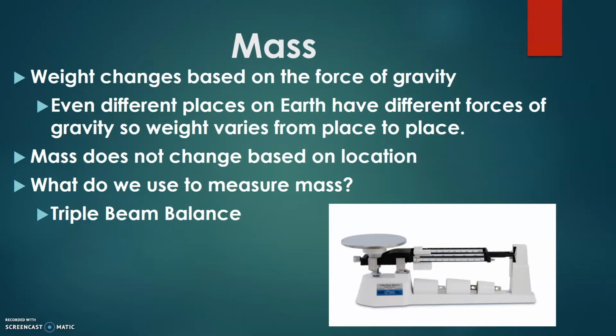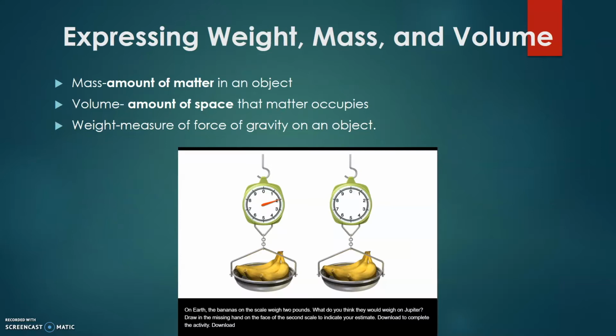You've seen people on the moon floating or kind of moonwalking, bouncing, because the gravity is different. So weight changes based on that. But mass does not change based on gravity. Whatever mass the object has on Earth, it'll have that same mass elsewhere.